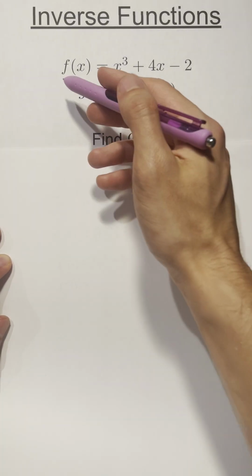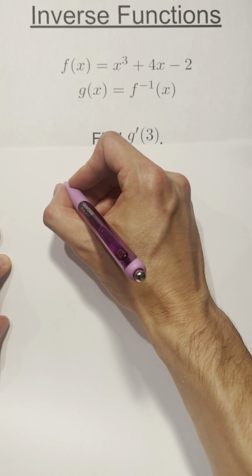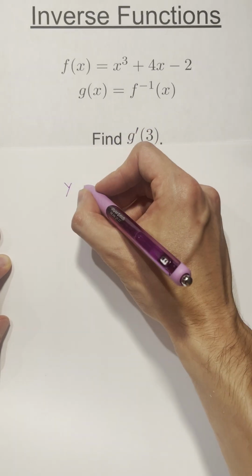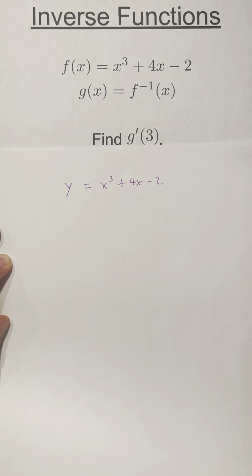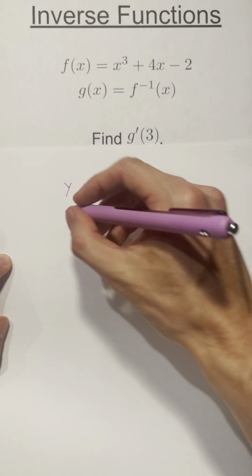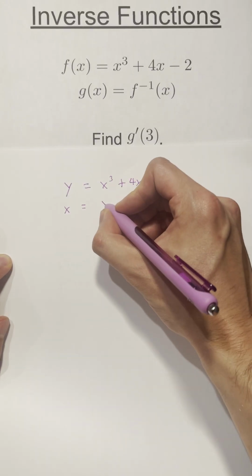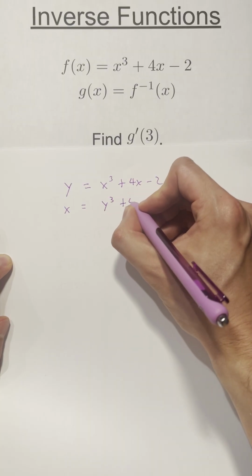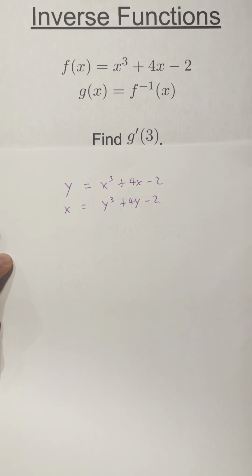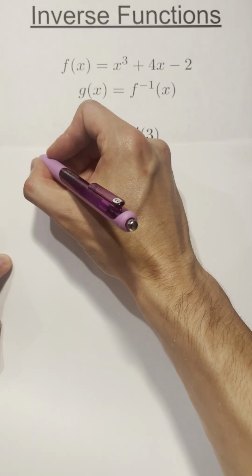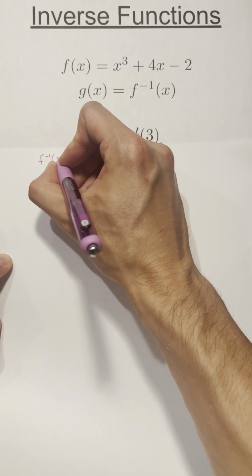Okay, so f of x, which is the same thing as y, is equal to x cubed plus 4x minus 2. What do I need to do with x and y to find the inverse? I need to swap them. Okay, and I wanted to find f inverse of 3.